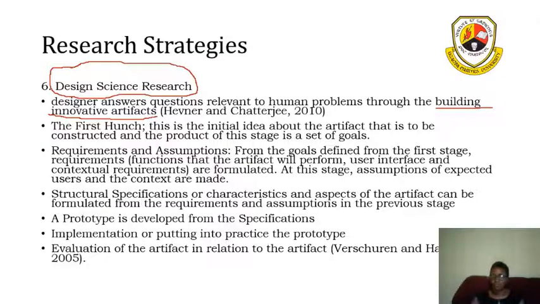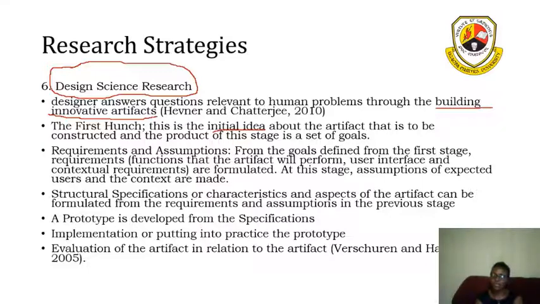The first is the first hunch, where the person carrying out the innovation has an initial idea of what they want to do, the artifact they want to build. One might say, I want to build a student information system.